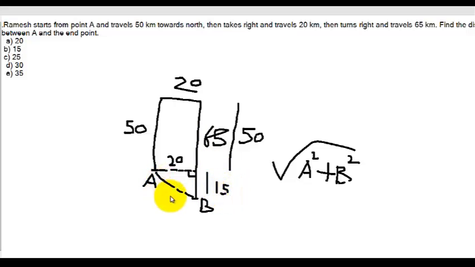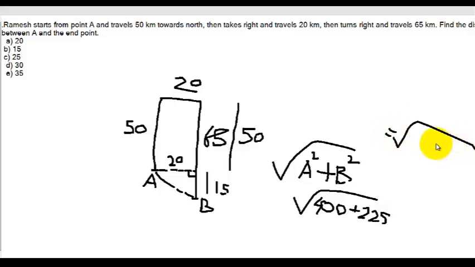So we have to find the third side. We already know the two sides. So let's start. What is 20 square? 400. And what is 15 square? 225. So what comes?